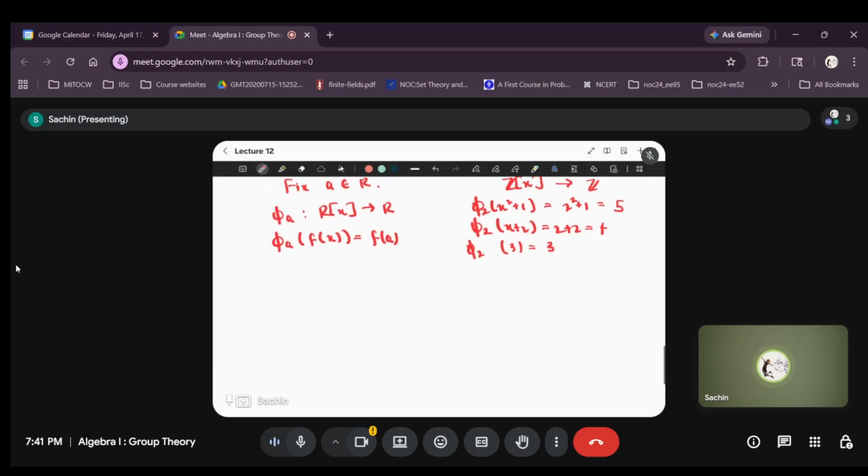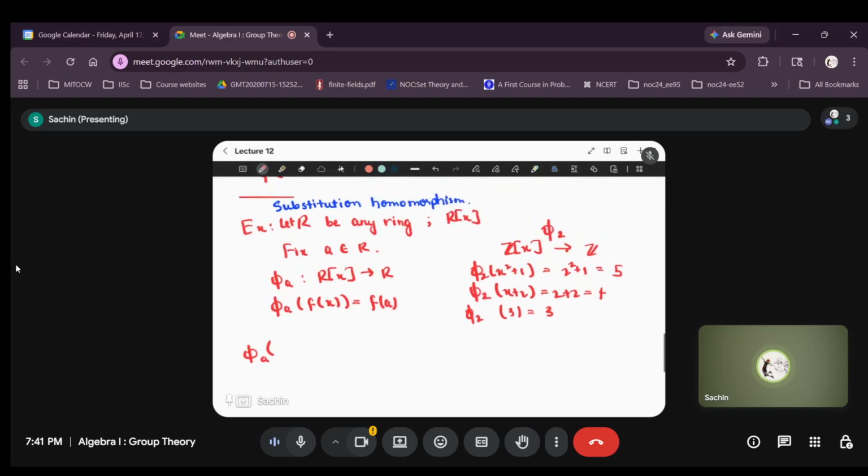Can you prove it? First, we have to show what? Closure under operation, preservation under addition. So we have to pick two elements from R of x.